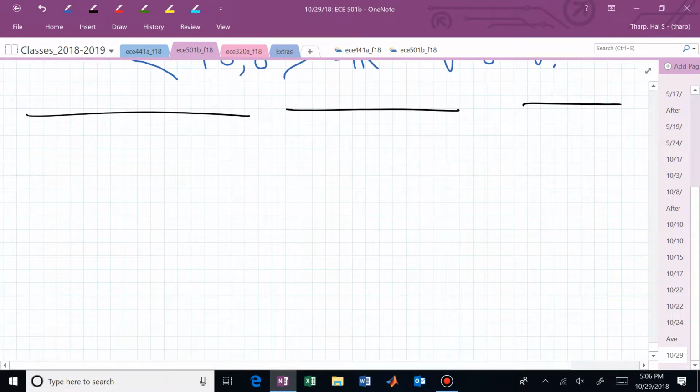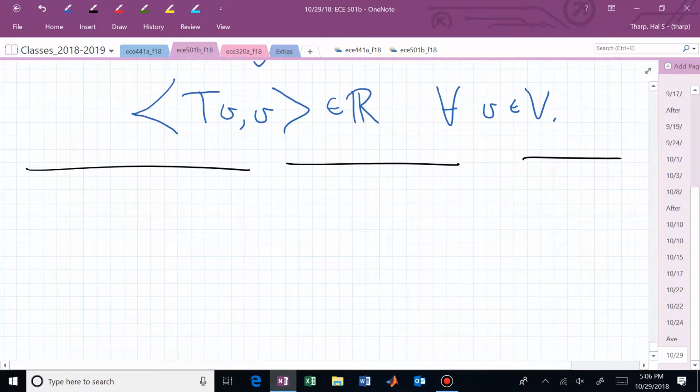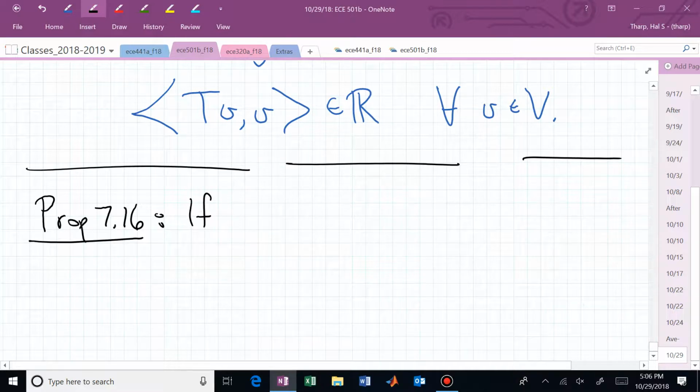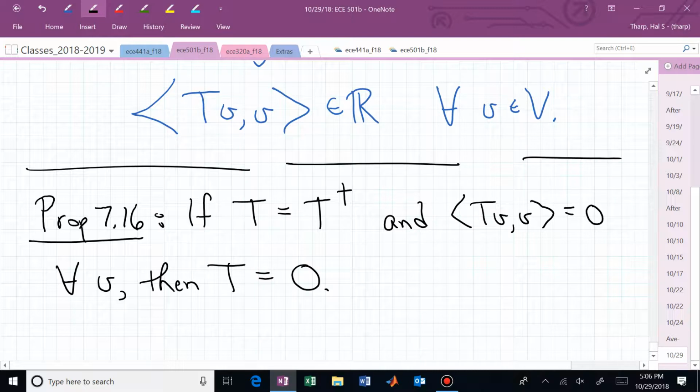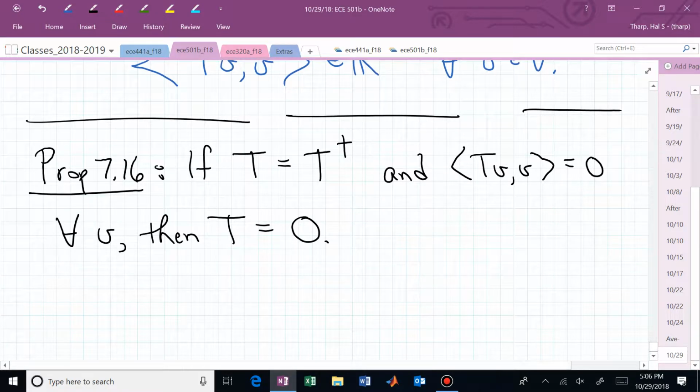All right. So now let's look at something, getting your head around this. What's another one? Let's go a little bit further. Proposition 7.16. If T is equal to T dagger and TVV is equal to 0 for all V, then T is the zero map. That's the label. And here is the description.